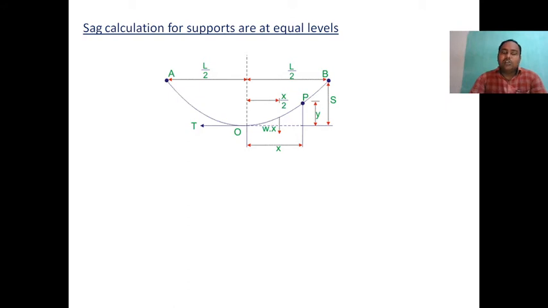So in order to maintain good erection or good design of conductors, you must keep tension and sag in between: sag not more, tension not more. Maintain sag and tension at the required level.